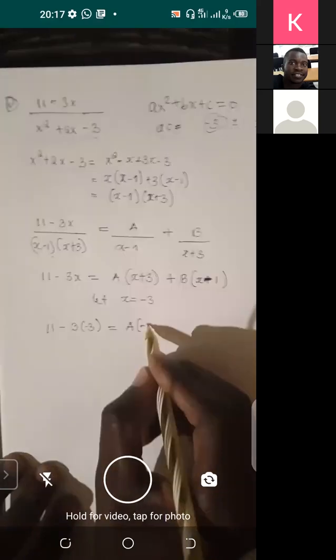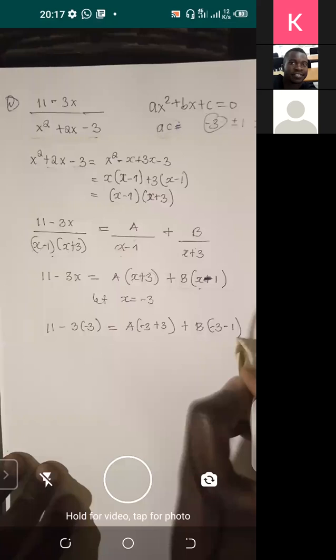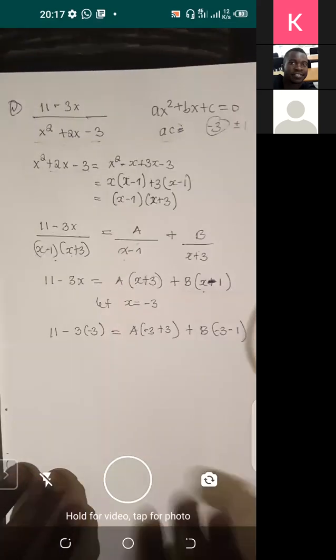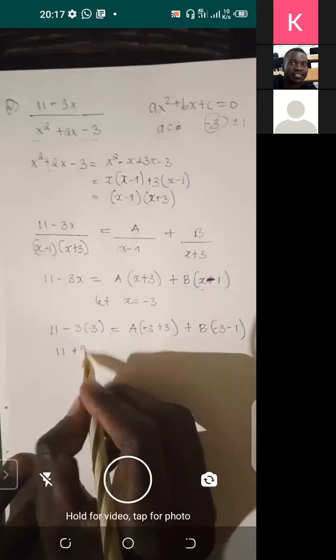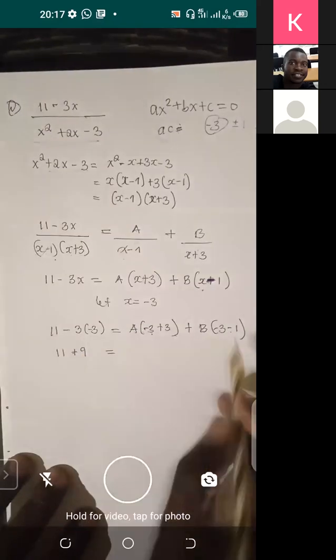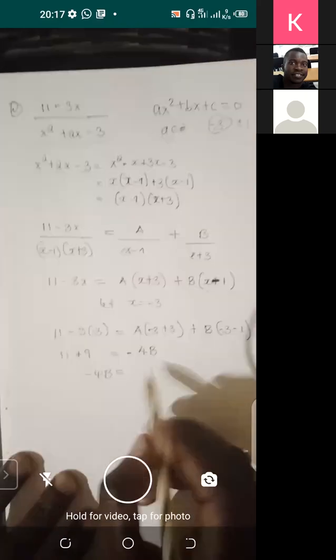So 11 plus 9 is equal to, this one is a 0, since -3 plus 3 is 0, you get a 0 here. Then you have -4B, so -4B is equal to 20.